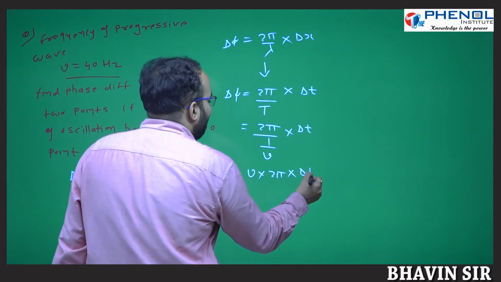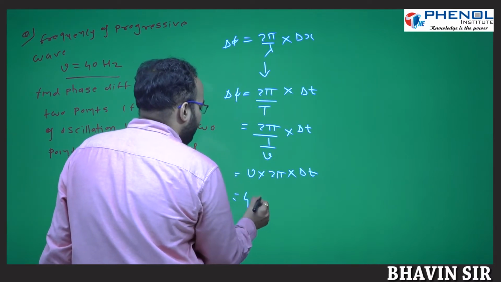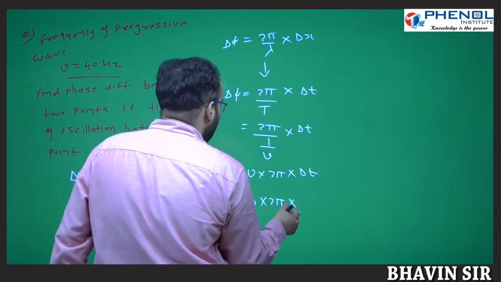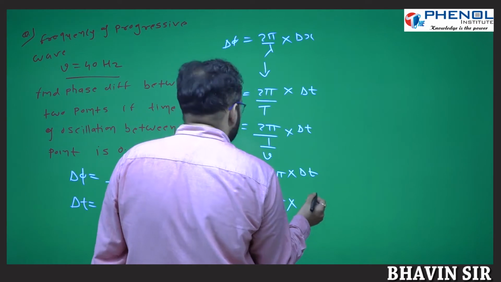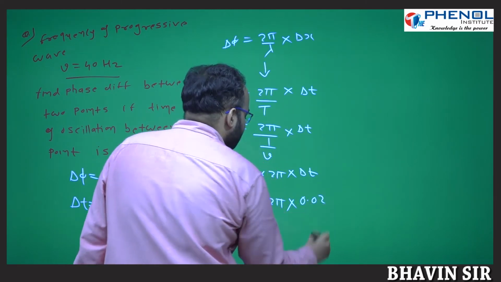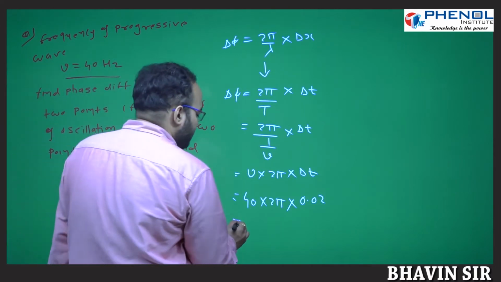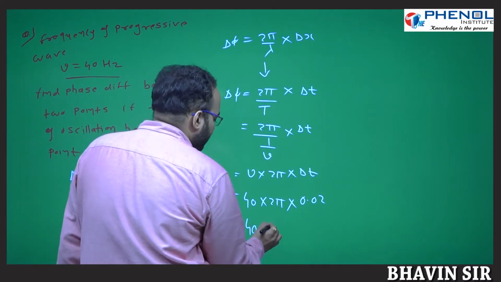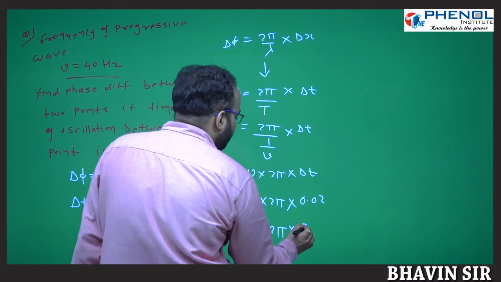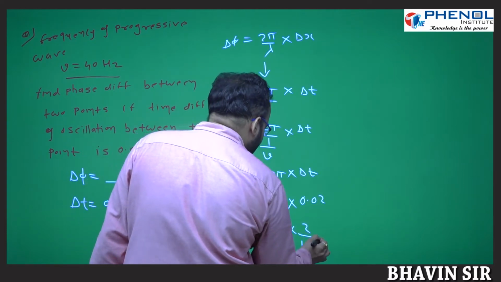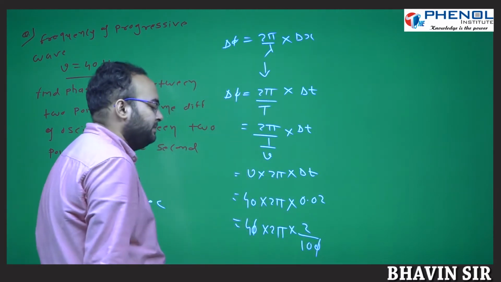Now place the value, so 40 into 2 pi. What is the time difference? 0.02 second. Now 40 into 2 pi, 0.02 means 2 by 100, that 0 cancels.